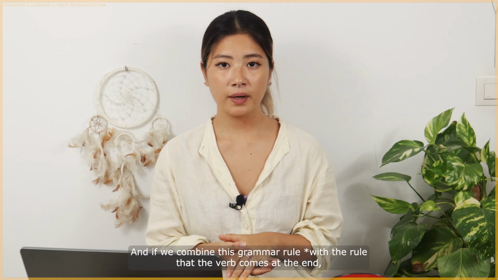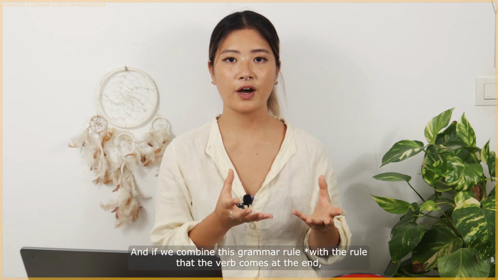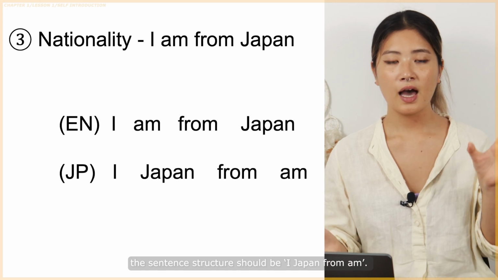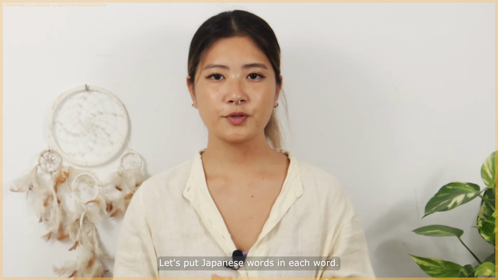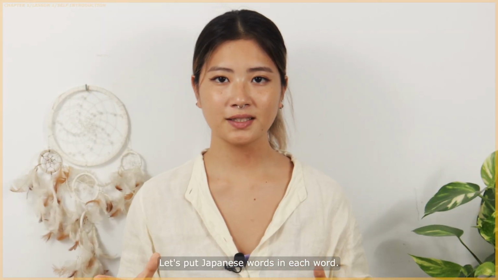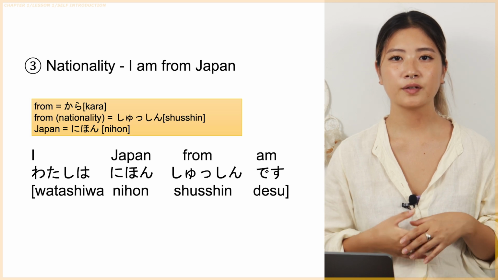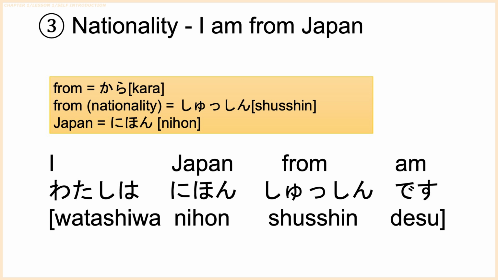And if we combine this grammar rule with the rule that the verb comes in the end, the sentence structure should be I, Japan from, am. Let's put Japanese words to each word. From is usually kara, but when you are talking about a nationality, you use shusshin.